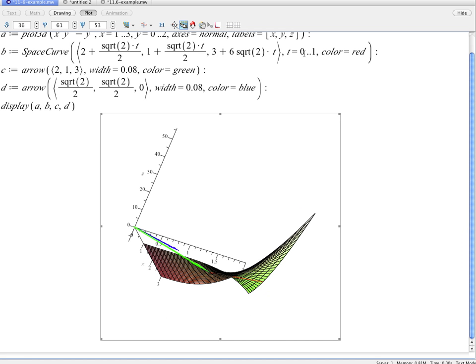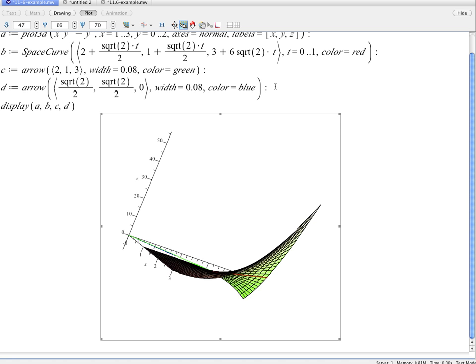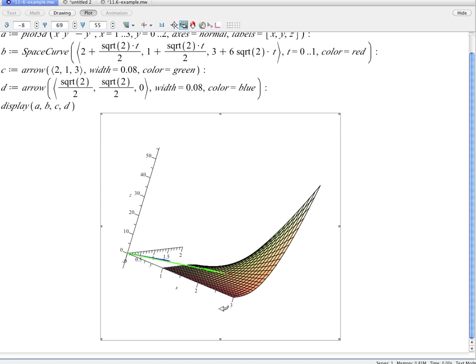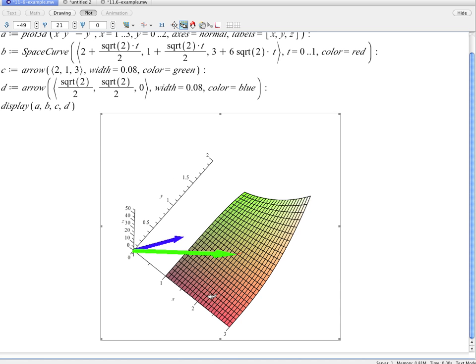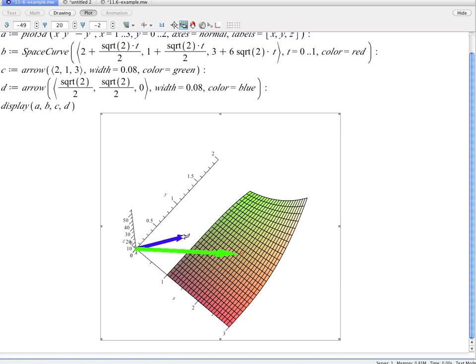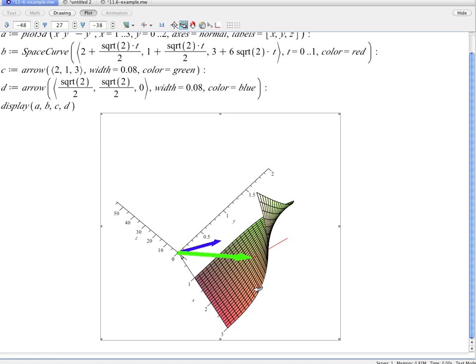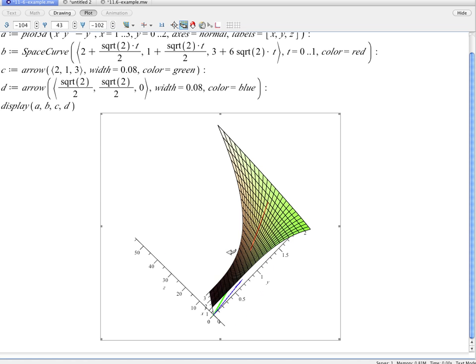Here's the point that I'm talking about right there on the surface, and this is my directional vector. So what I'm looking for is the rate of change from my surface in this direction. So this vector right here, flip this around, this points in the direction of the rate of change of z at this specific point in this same direction as this unit vector.